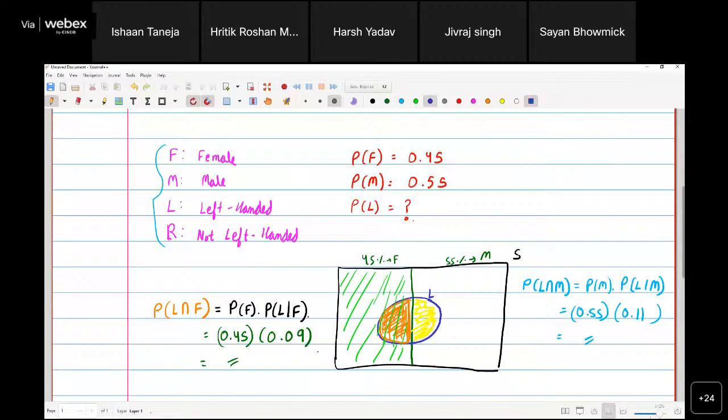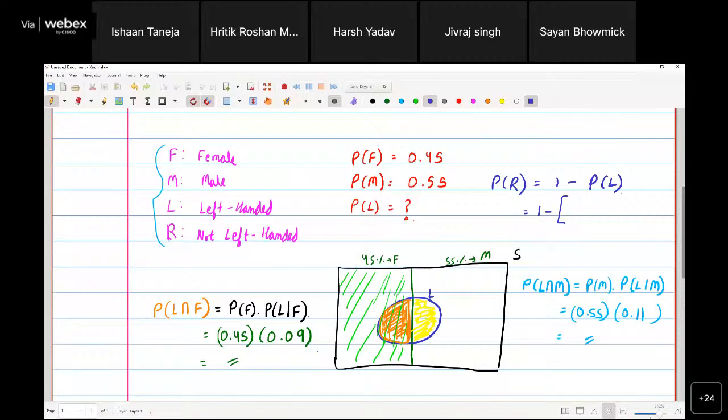My final goal was to find that the selected person is not left-handed, or the selected person is right-handed. It means 1 minus the probability of selecting a left-handed person, right? And a left-handed person is nothing but the addition of this orange region and yellow region in my plot.